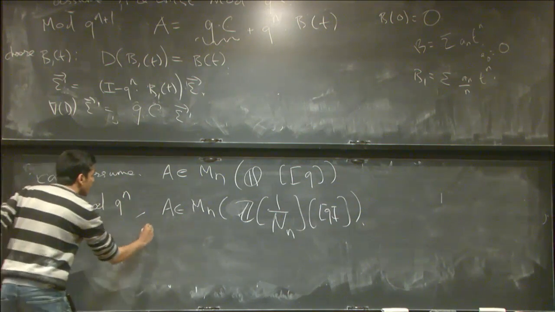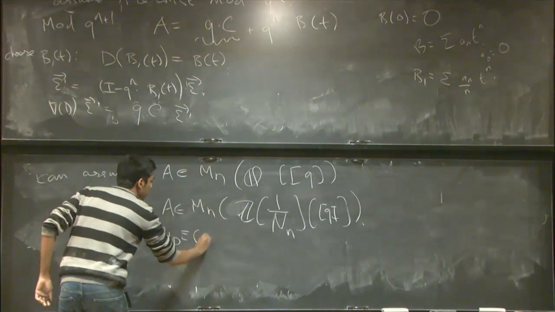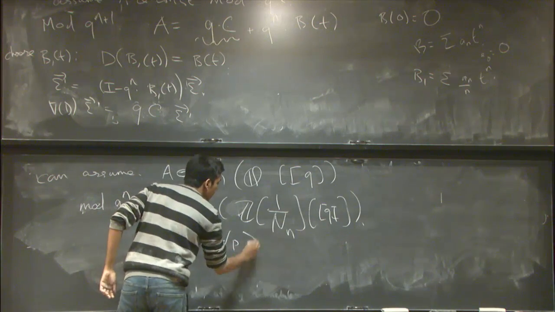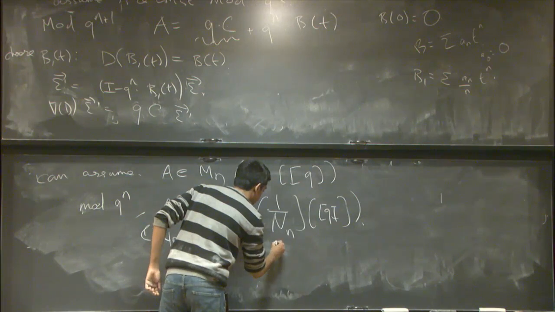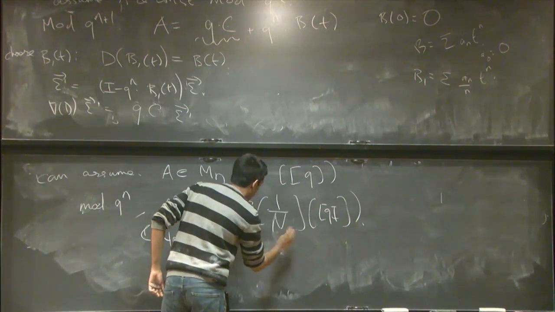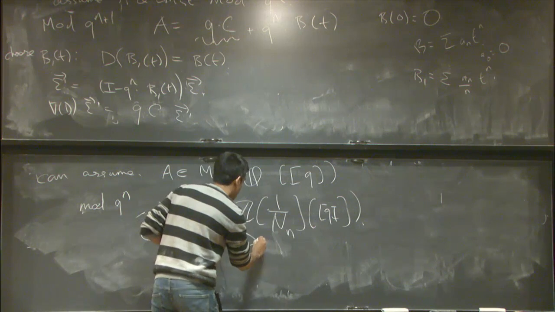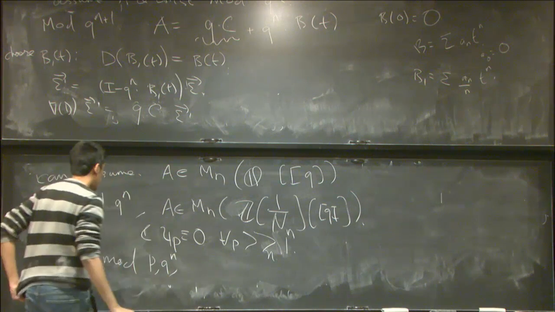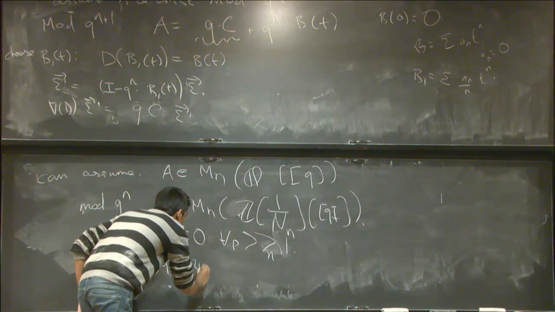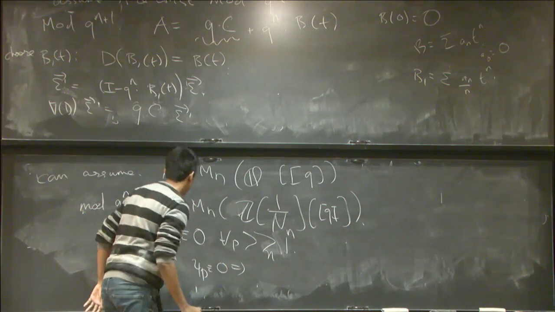Still, mod q to the n, for large enough p, you have that the p-curvatures vanish.